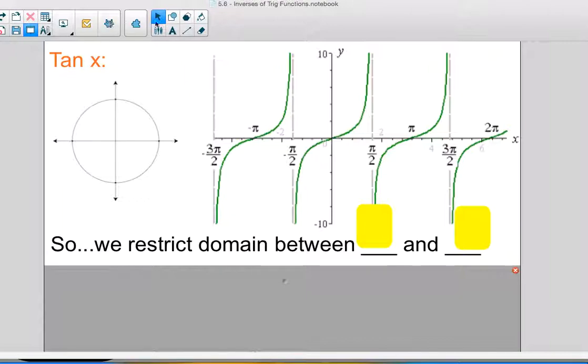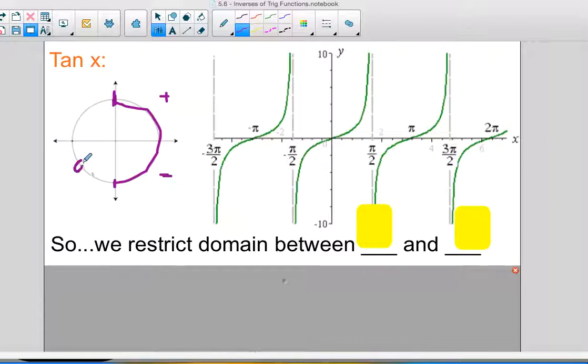So for tangent, we take the same thing as sine, between negative pi over 2 and pi over 2, and every single tangent value is included in here. You have your positive tangents up here and your negative tangents up here, but these 2 ones are ignored because whatever tangent value is right here is the exact same tangent value of here, so we're already covered. So we don't bother with quadrants 2 and 3.